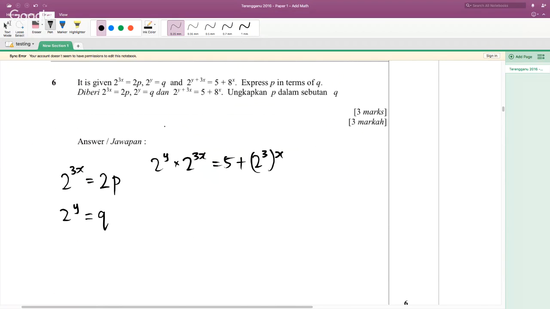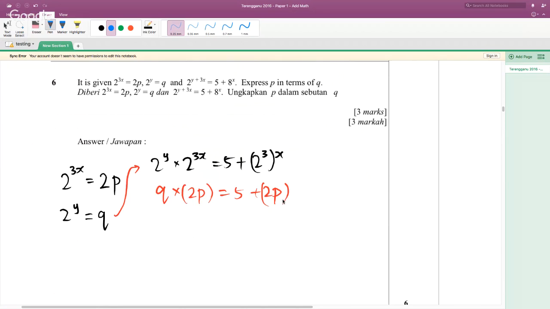Isn't it? So then it's just the substitution. Maybe I thought too much just now. This one is just q multiply 2 power of 3x, which is 2p, equals 5 plus this one, 2 power of 3x, also 2p. I just substitute everything here and my objective is to make p in terms of q.